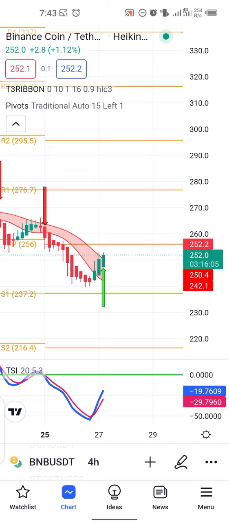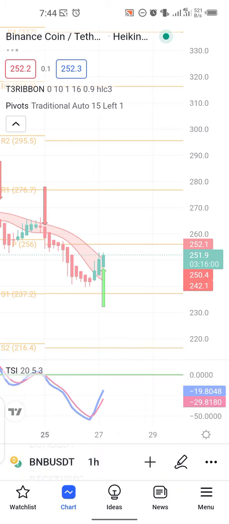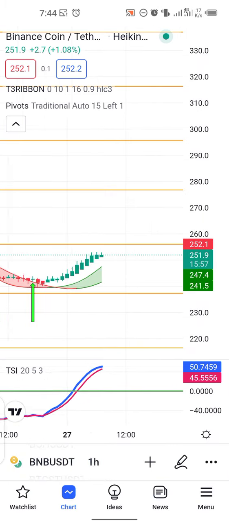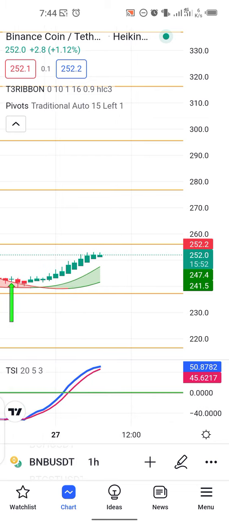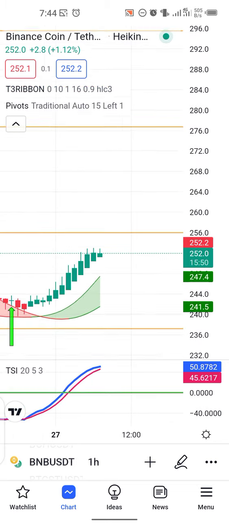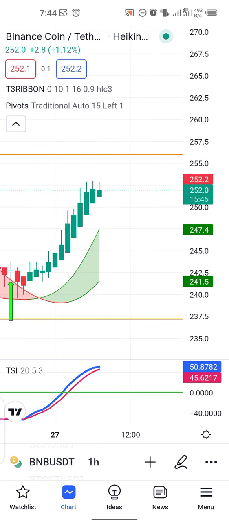So remember, if we want to trade in the 4 hours time frame, then I need to look at the 1 hour. If I want to trade in the 1 hour, I see if the 4 hours is an uptrend, then I need to come on the 1 hour and see if it's still an uptrend.